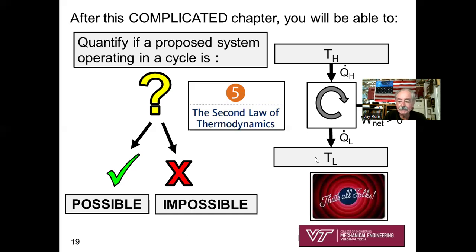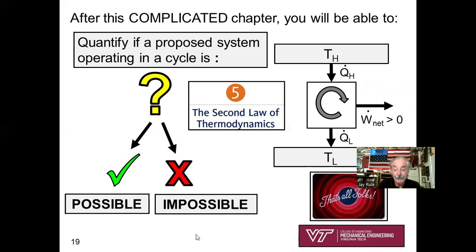That is a powerful engineering skill that is worth some money to you. Not everybody in the world can do this. If a salesperson proposes a system operating in a cycle to you with certain numbers associated with it, you as an engineer will be able to evaluate: is this salesman trying to sell something to me that's impossible, or is it possible? Again, a very powerful skill that you will develop once you finish chapter 5.